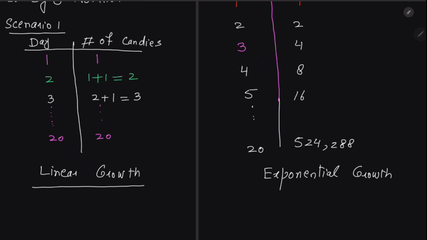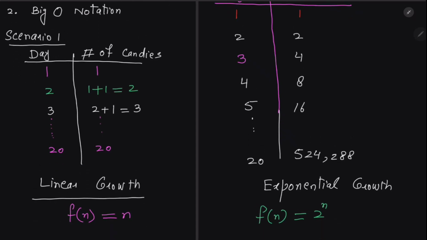So linear growth is due to the function f of n is equal to n, and the exponential growth is due to the function 2 raised to power n minus 1.